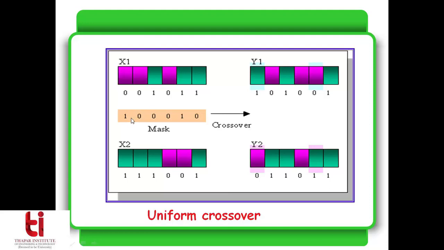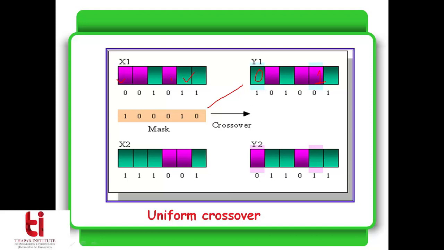So let's say my mask has 1s at the first position and the fifth position. If I see my first offspring, I have changed the bit values: what was previously 0 from x1 is changed to 1, and similarly what was 1 I have changed to 0.